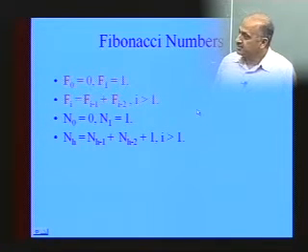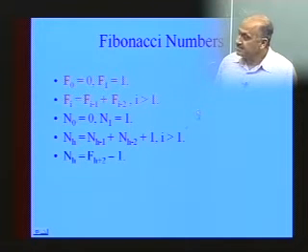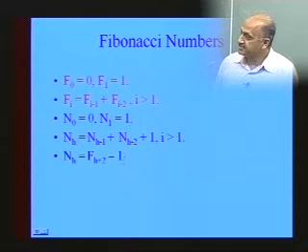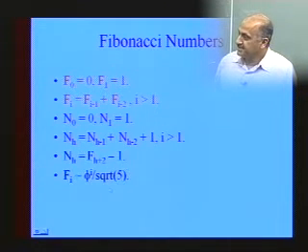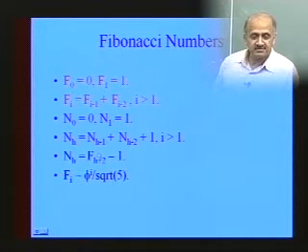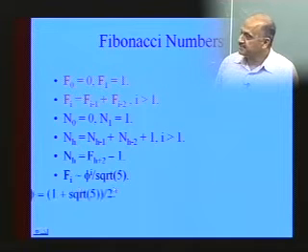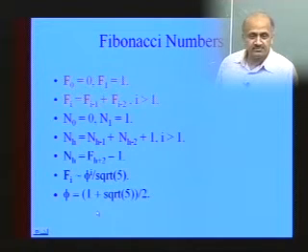From these two recurrences, we can derive this recurrence. You can prove this using induction. And then, knowing how fast the Fibonacci numbers grow, we know that the ith Fibonacci number is roughly phi raised to i divided by root of 5, where phi is 1 plus root 5 over 2.